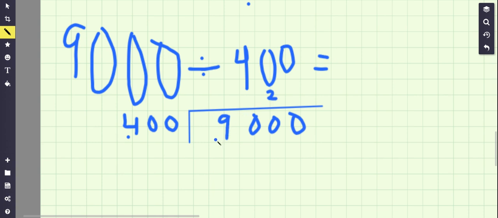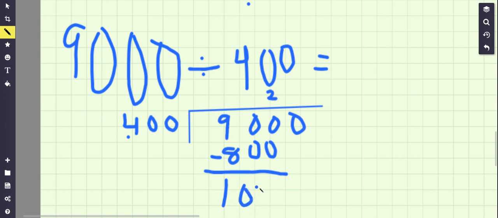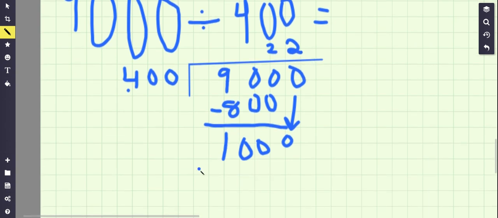Then we can multiply, 800. We subtract, 100. 400 can't fit into 100. So now we bring down the next digit. 400 fits into 1,000 about 2 times, and we subtract 800.